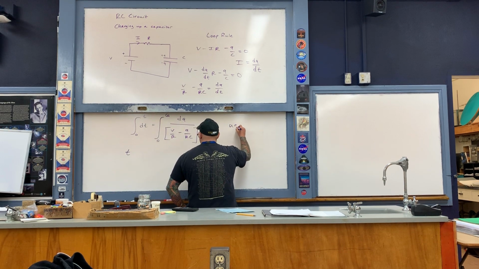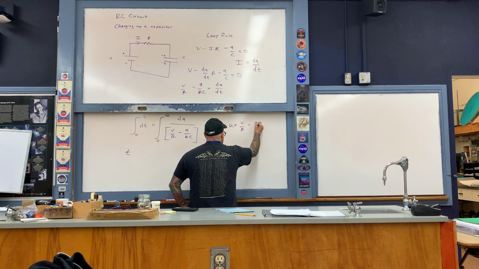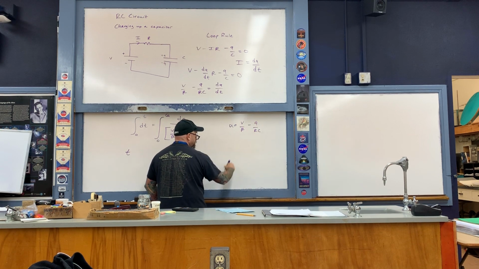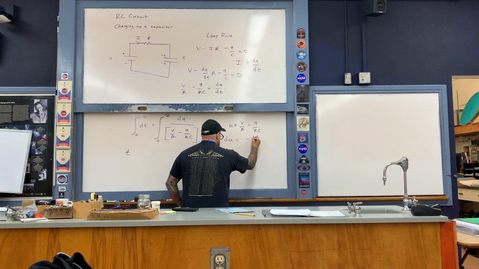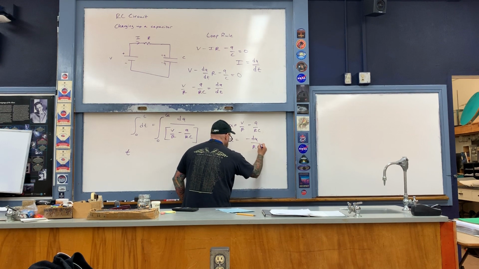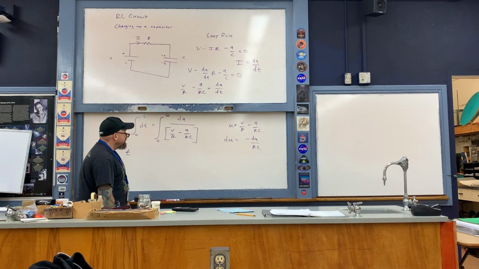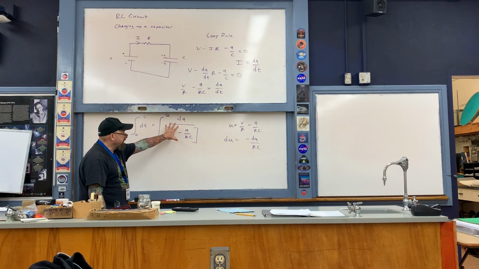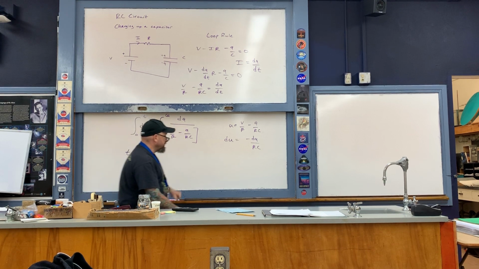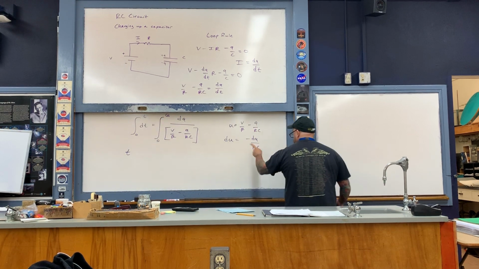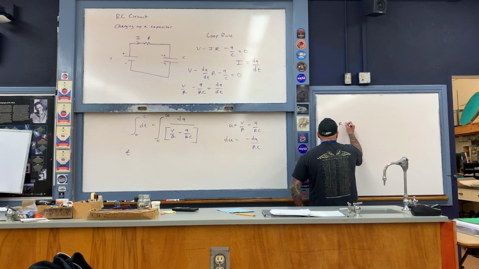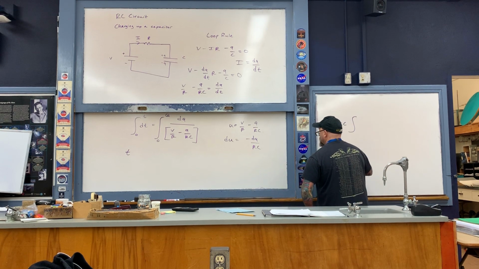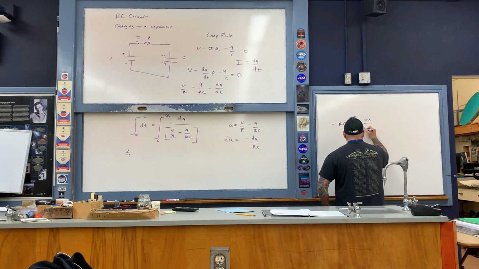So let's go ahead and set u equal to this, like so, and then differentiate. And we obtain this. Now off to the side, let me rewrite the right-hand side of the expression. So dq is going to be minus RC integral of du over u.